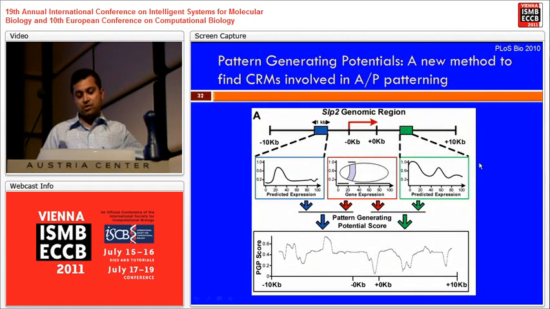So we devised a new method to predict CRMs using sequence as well as expression data. We called it pattern generating potentials, and the way it works is this. Let's say we have a gene here, the SLOPy2 gene, and this is the intergenic locus, 20 kb around the gene. We know the gene expression profile. We know that it is expressed at this position along the anterior-posterior axis of the embryo.